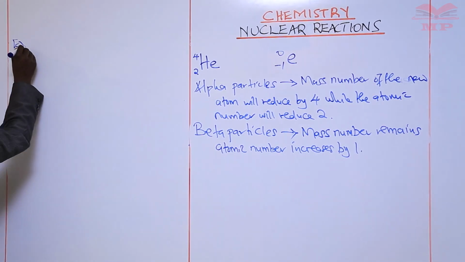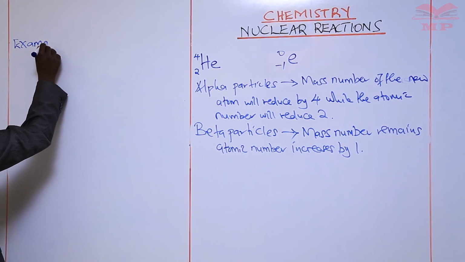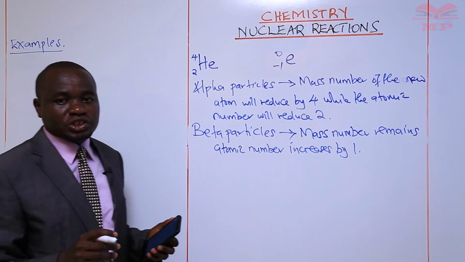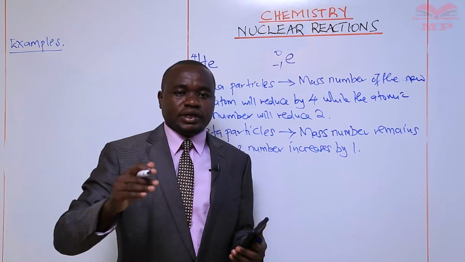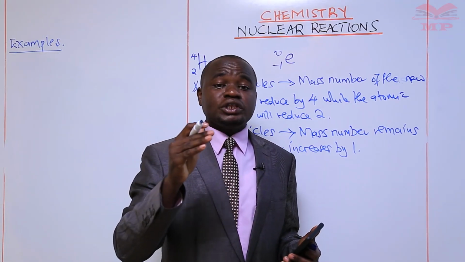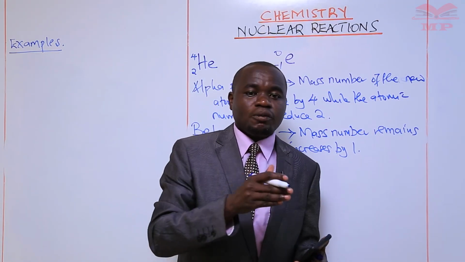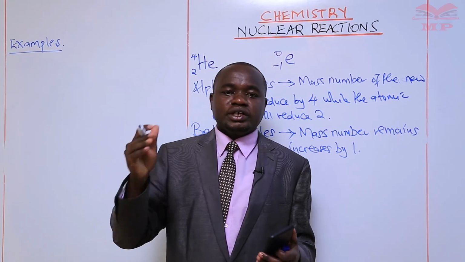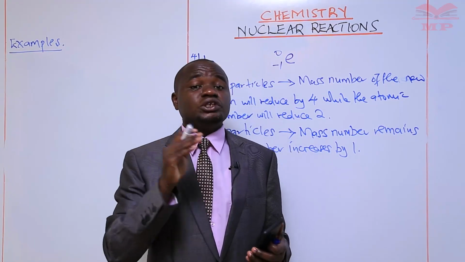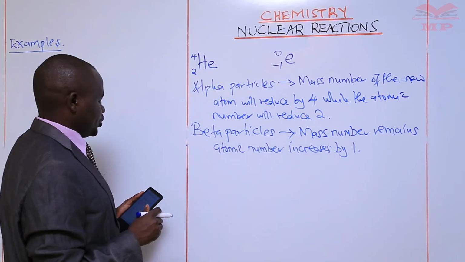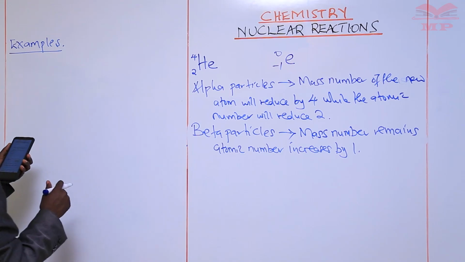Remember, my dear student, if you're writing a nuclear equation, the sum of the atomic numbers on the left of your equation should be equal to the sum of the atomic numbers on the right. The same applies to mass number, which should be equal on both sides of the equation.